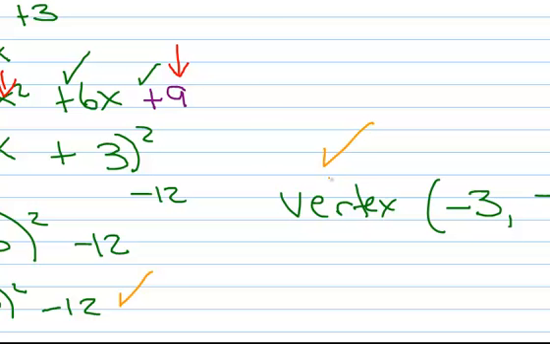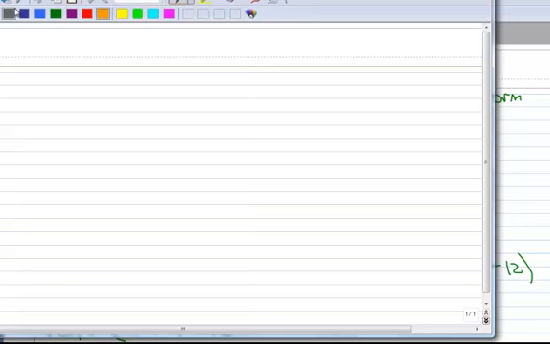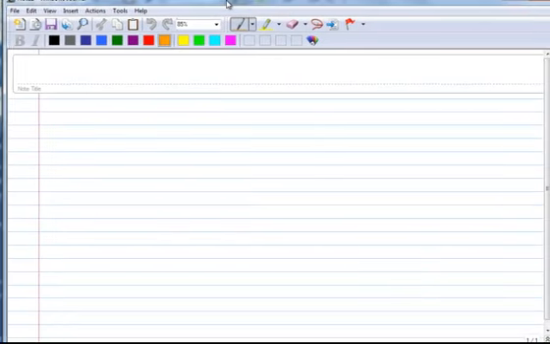Okay, so I'm going to do another example, and let me get a new page up here. New page, here we go. Let's do a new one. And what I want you to do after I write this up here is I want you to pause me, and I want you to do it by yourself and see if you can go ahead and figure this one out, and then resume when you get it figured out.